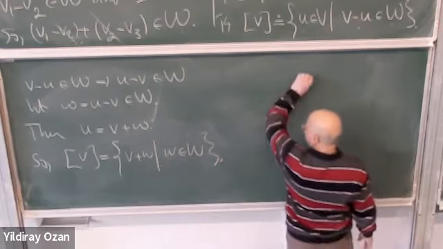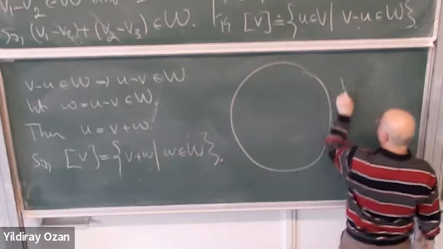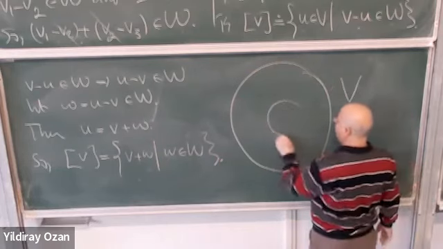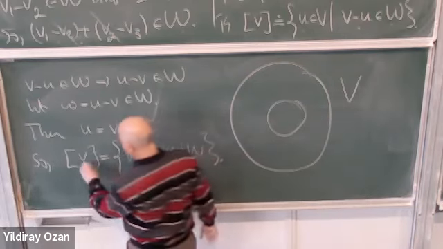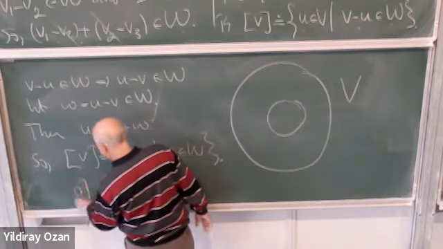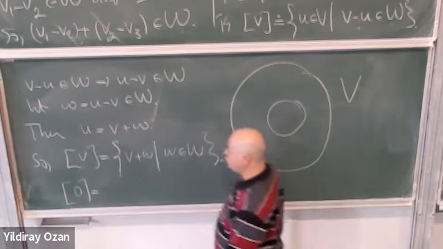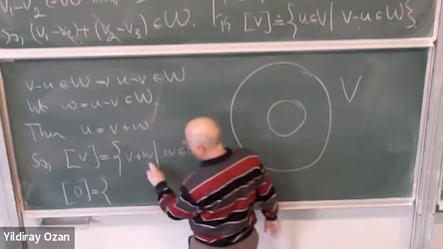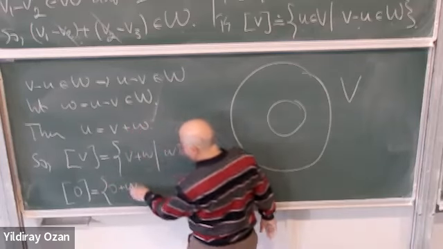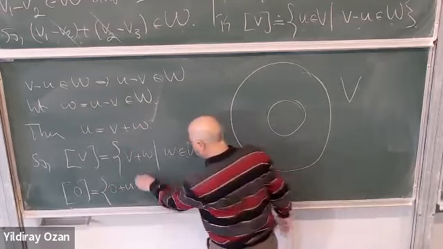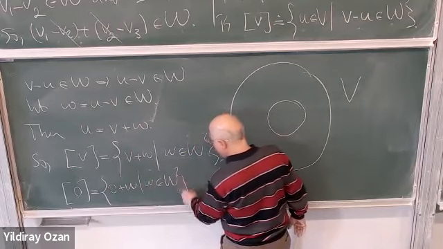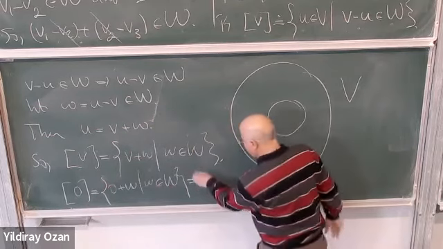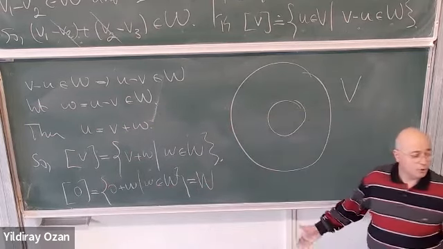So what we do, we have, let's say, our vector space V. Here I have, for example, what is the equivalence class of 0? Well, it is just 0 plus W, which is just W. So the equivalence class of 0 is just W itself.